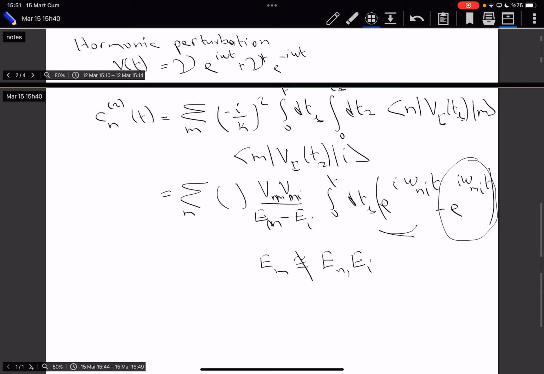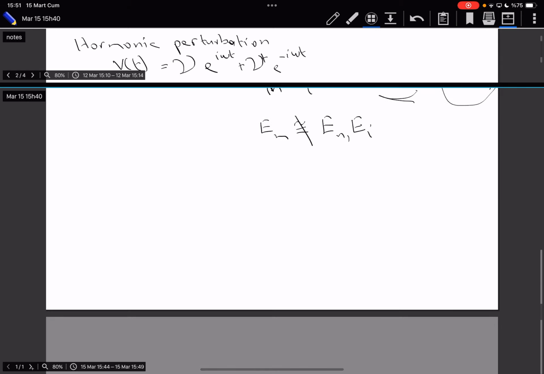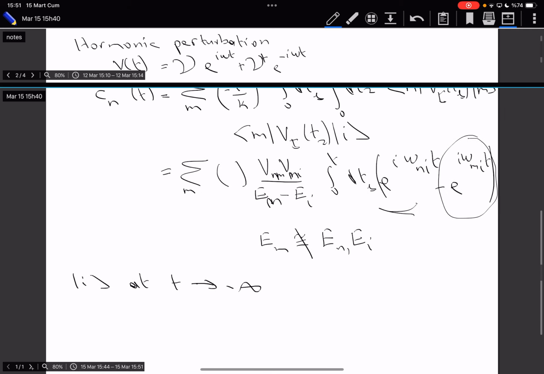More properly in the sense that we have this state i, at T goes to minus infinity. You see, up to here we are just setting at T equal to 0 our initial state, and let's see what happens after we turn on the interaction. Okay, so T equals 0 is arbitrary.